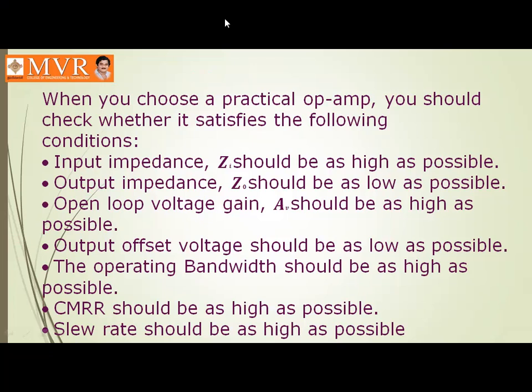For a practical op-amp, that must be very high. So these are the conditions we have to observe when we are selecting an op-amp for our application. These are the practical op-amp characteristics.